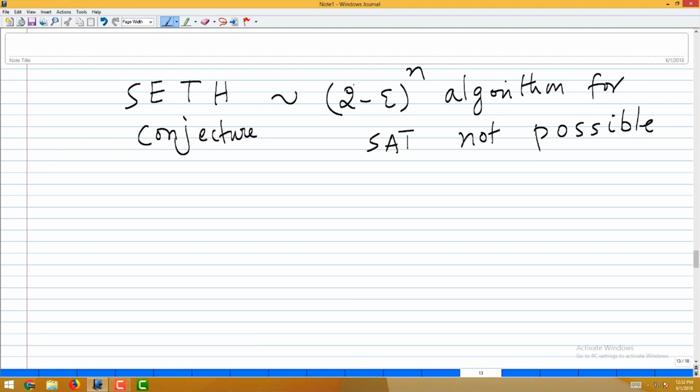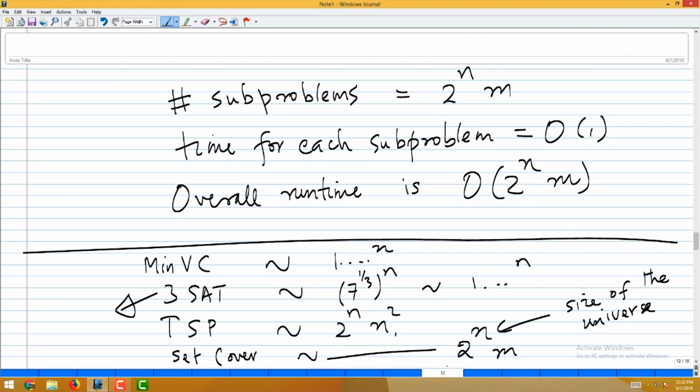But there is something called exponential time hypothesis. For 3 SAT we did get something better than 2 power n, 2 minus epsilon was possible, but you can ask the question, how far can you go? Can you go down to any 1 plus epsilon?